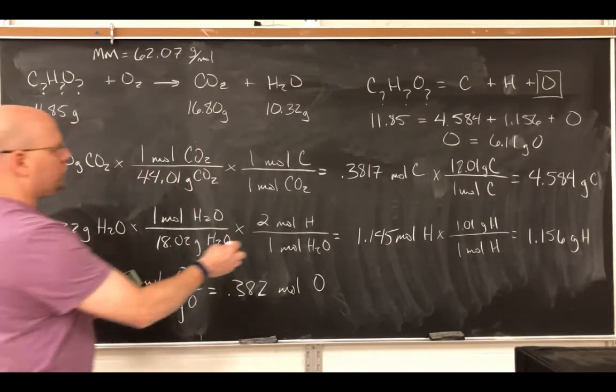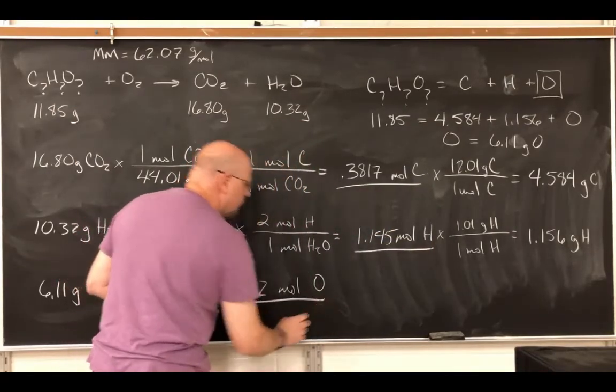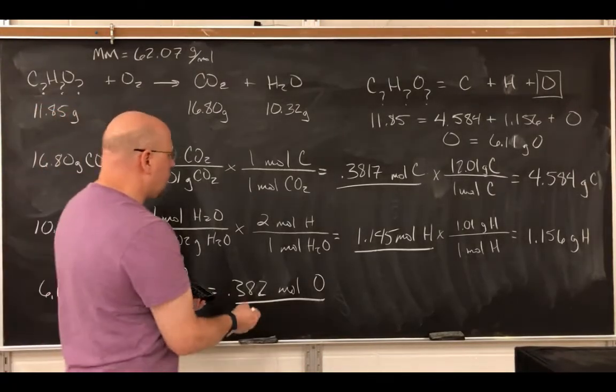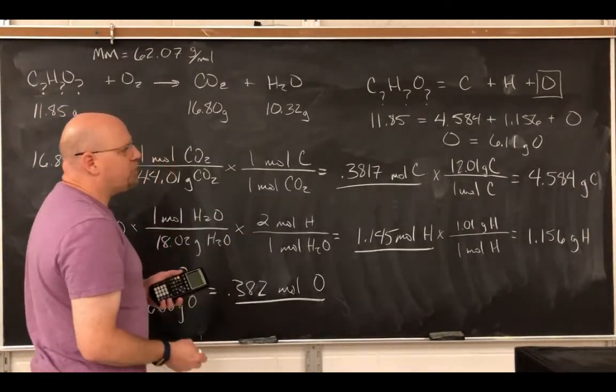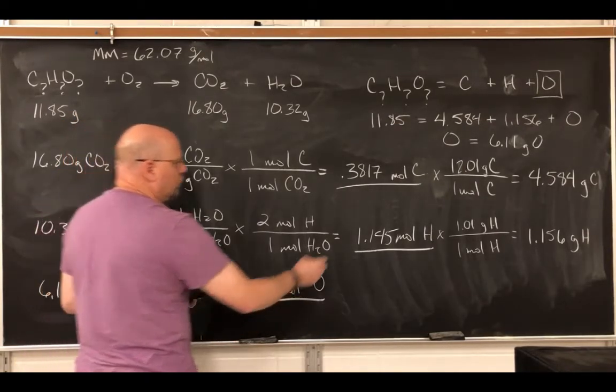Now we have our moles of carbon, our moles of hydrogen, and our moles of oxygen. We divide by the smallest. In this case, it looks like it's going to be 0.3817, almost a tie with the 0.382.